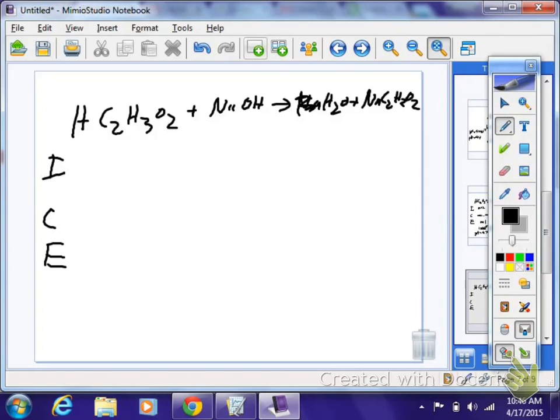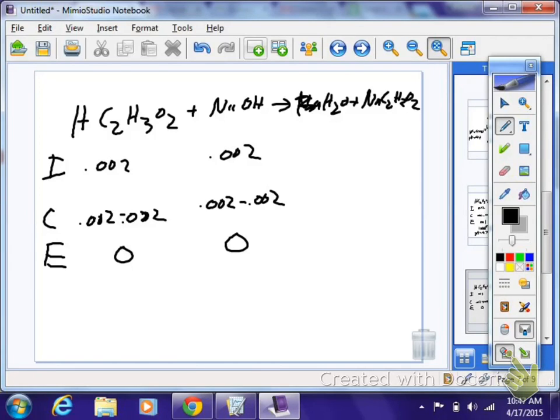So when you do this, you have your ICE. And we know it's neutral. So this is 0.002. Is that right? And this is 0.002 when we add where it's equal. So basically, we subtract out 0.002 on both of those. And you end up with 0 left over. How much C2H3O2 will you have left over?